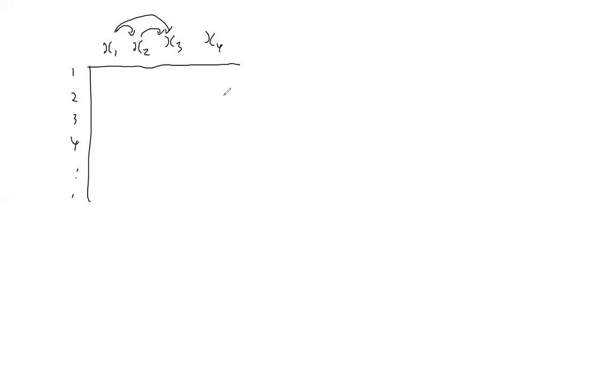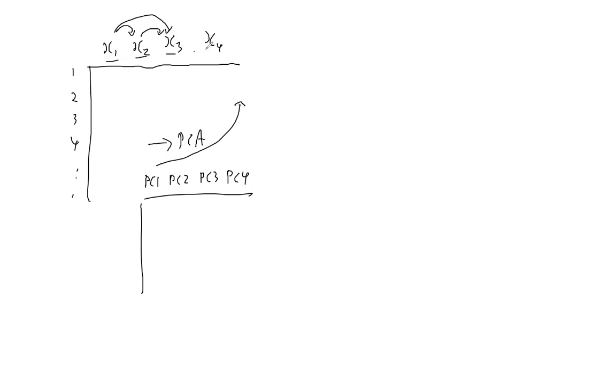So it doesn't matter. Once you do PCA, you will have the first principal component, second, third, and fourth. If you have 4 variables, you also get 4 principal components. All these principal components are linear combinations of your 4 variables.